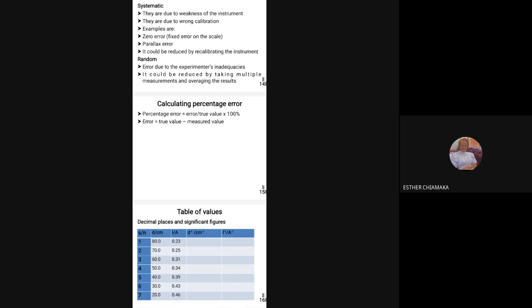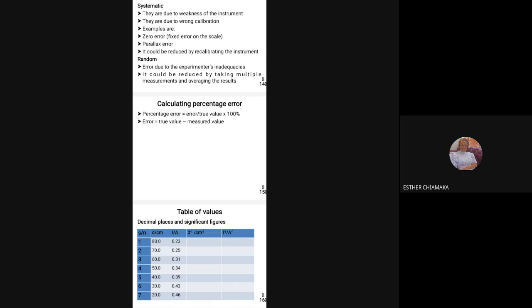Read the values there. 1 is 80.0 cm and 0.23 ampere.